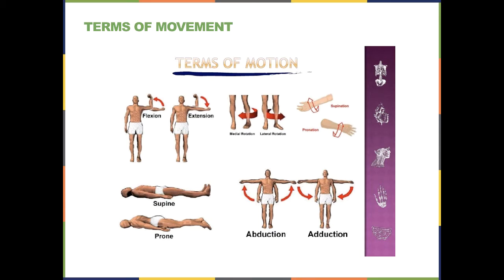And many of the muscles that do these sorts of movements, their names are related to that position. If you lay on the ground facing up, so that the part that's on the ground is your back, that's called supine. If you lay on the ground facing down, with your face in the dirt, as it were, and the front part of your body on the ground, then that's called prone.